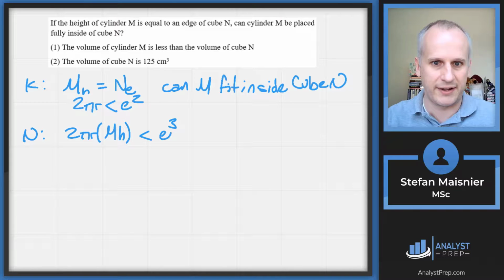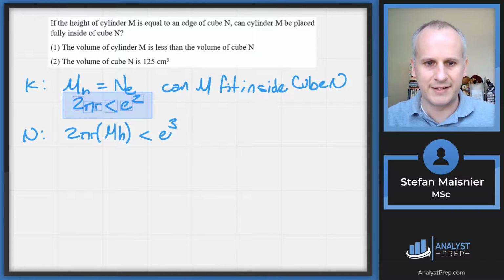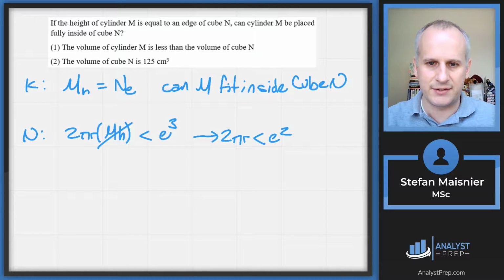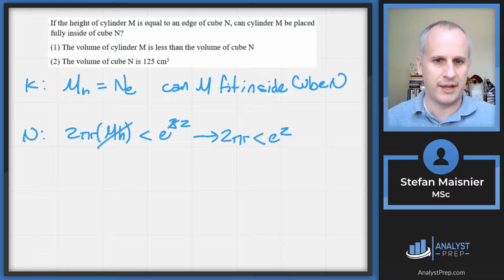So we can simplify that even further, and I'll bring this down in our need here, because we already know that we can basically cancel out this with one of the edges, because the edges are the same as the height.